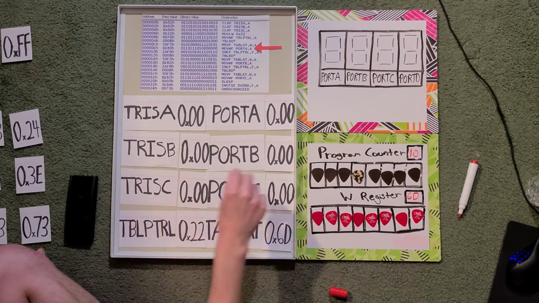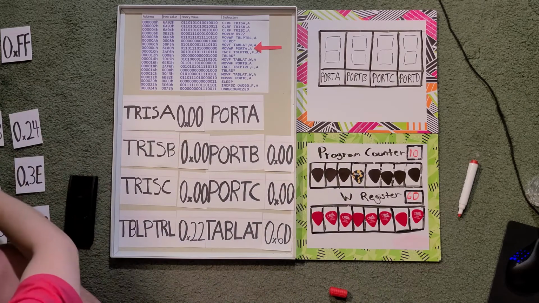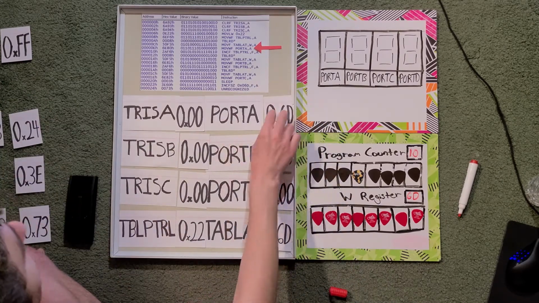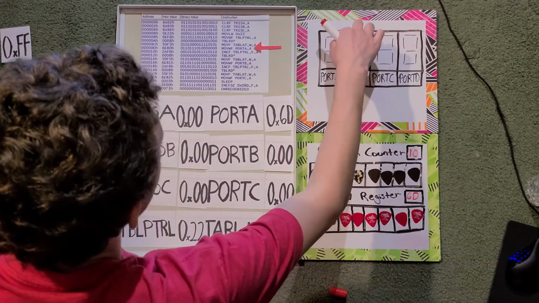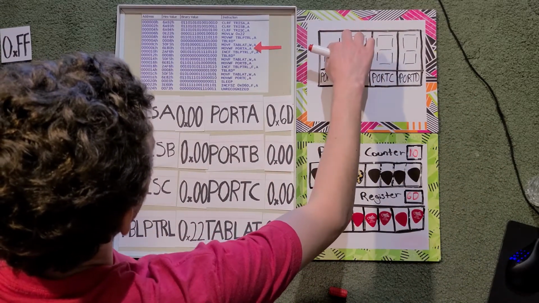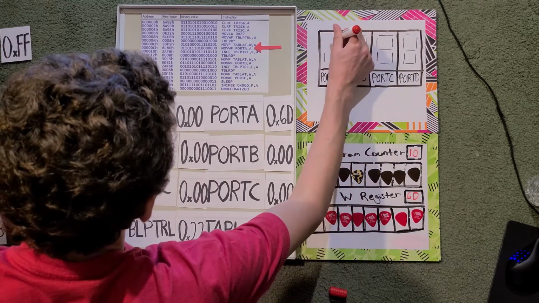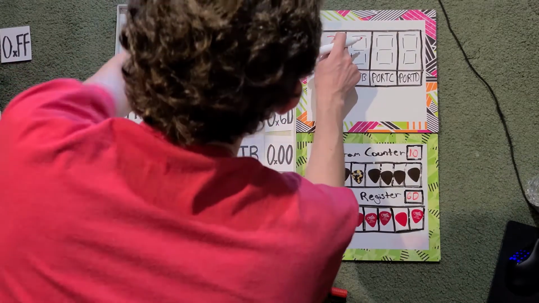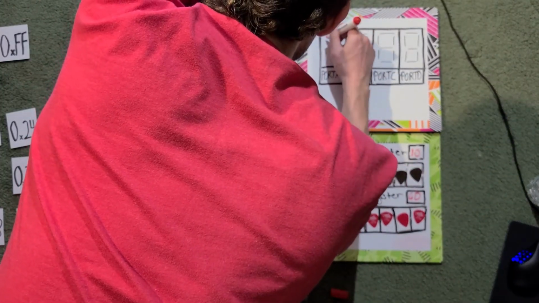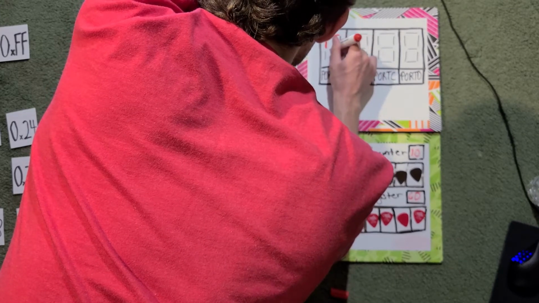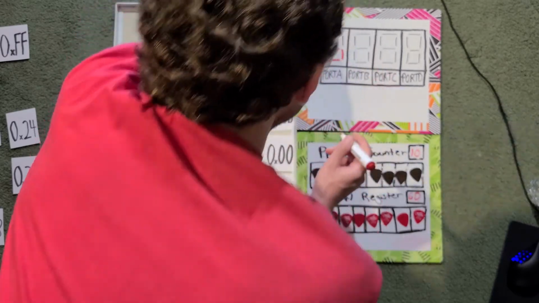And we're going to be putting in port A 6D, which is also going to move right here. Port A. I'm going to turn on the light. Let's draw that in so you can see it. And there you see we got our S.